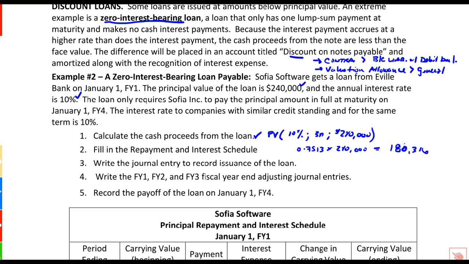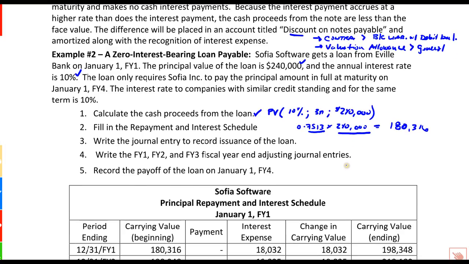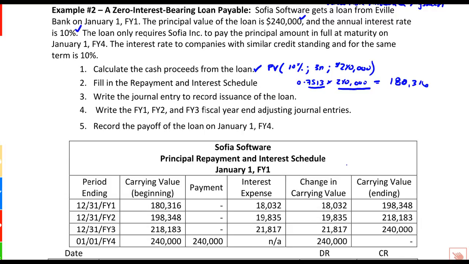So I'm going to do this again with just math. Dividing by 1.1 cubed will get me there, and I also get 180,316. That's a little surprising, but okay. Why is it surprising? Because we have 4 significant digits here and 6 here. Okay, well, that worked out. So the table's working out here.